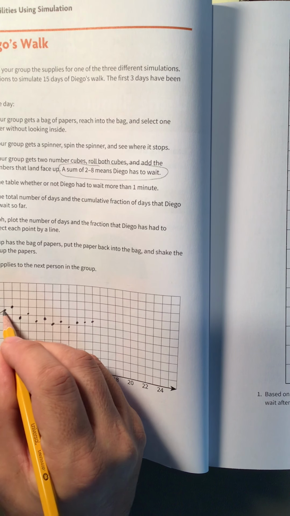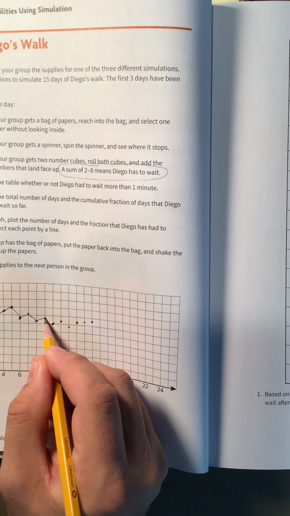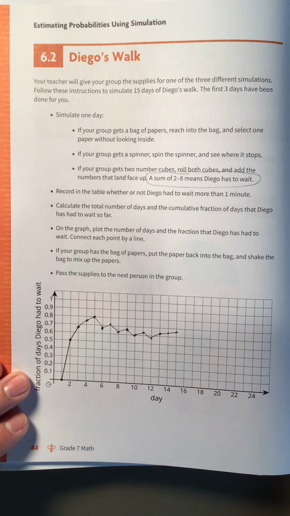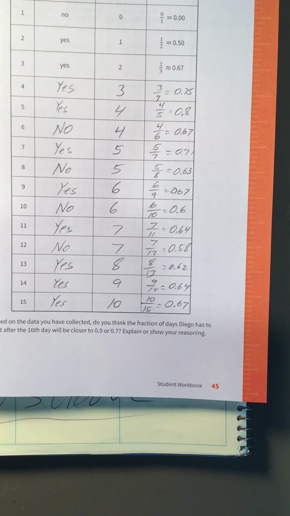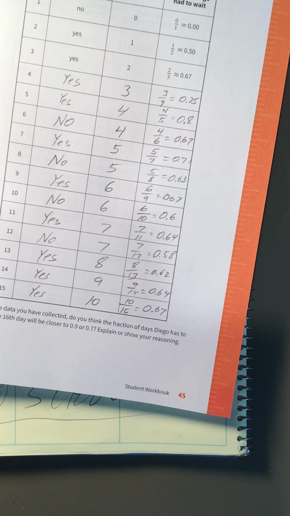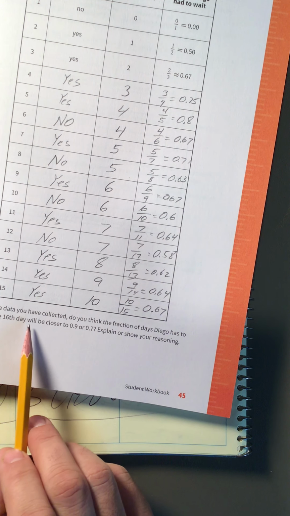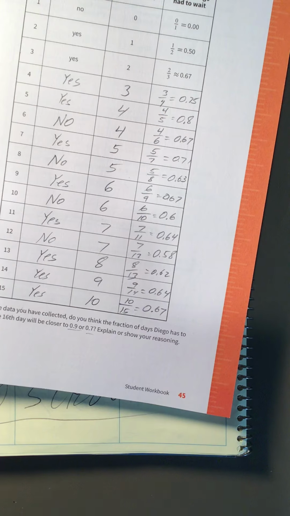Like we did last time, the more experiments we do, the more it should start to level off, and you can see that happening again. So question number 1 on page 45. Based on that data, would you expect your answer on the 16th day to be closer to 0.9 or 0.7?